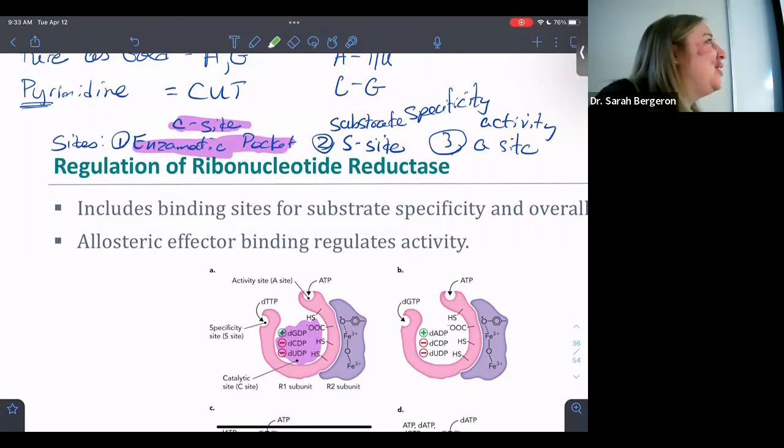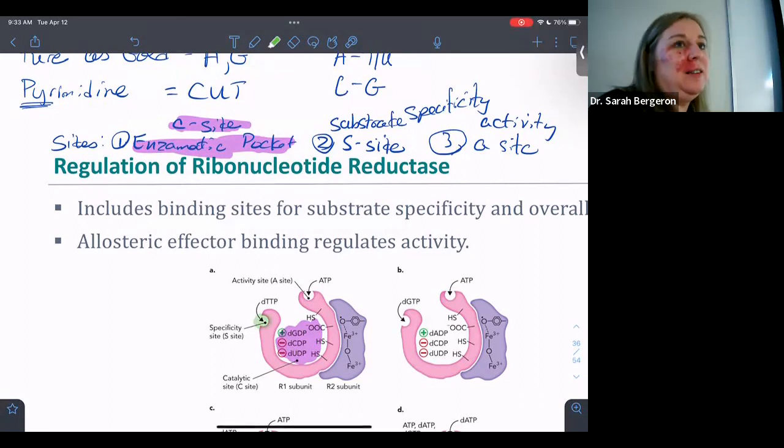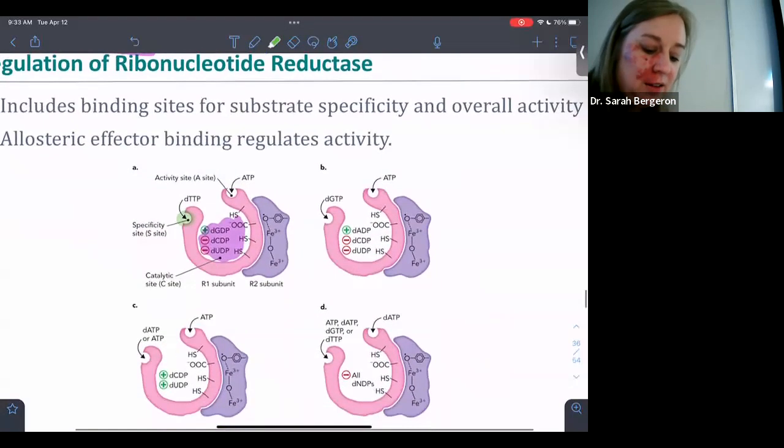All right, the substrate specificity site is a place where you can have allosteric binding. So this one right here is the specificity site. What you're going to notice in each of these diagrams is that there is something different binding in the substrate specificity site.